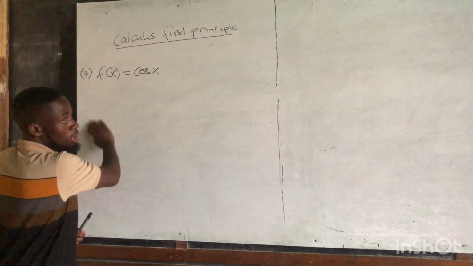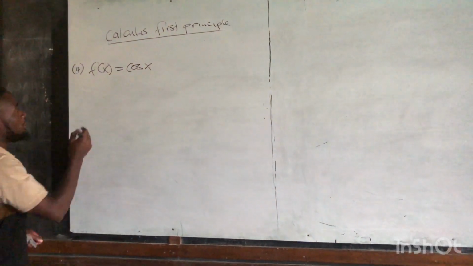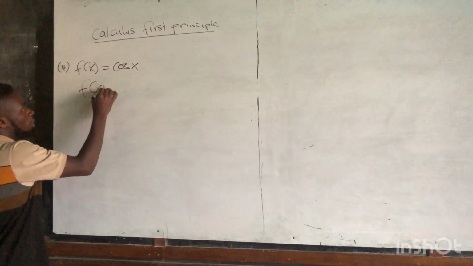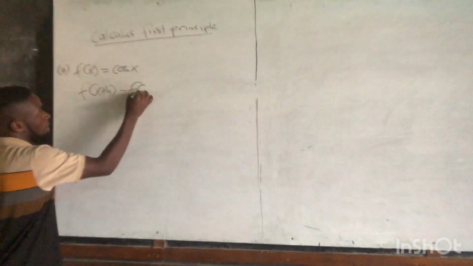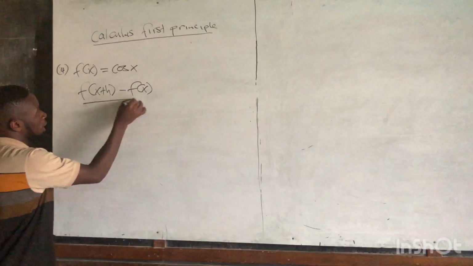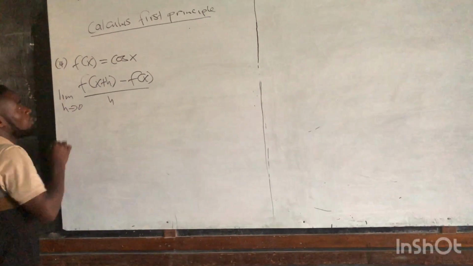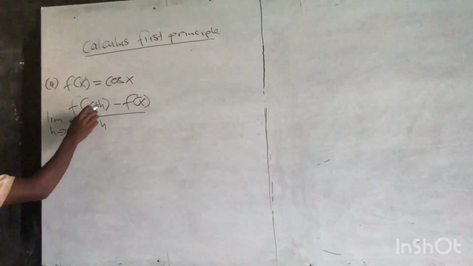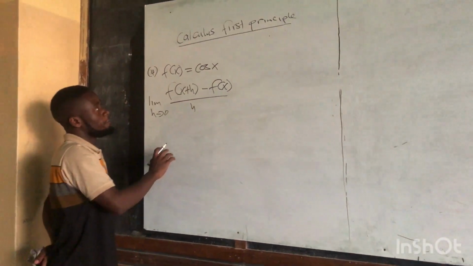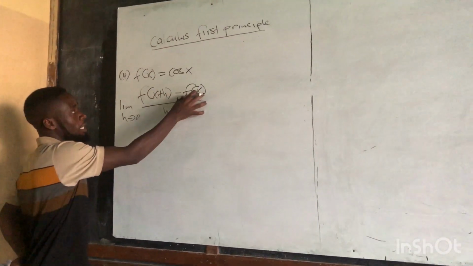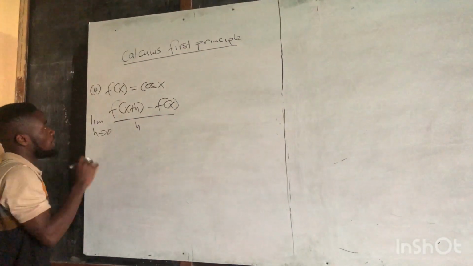So now let's solve this question. Let's introduce our formula: limit as h approaches 0 of f of x plus h minus f of x, over h. Wherever there's x, you put x plus h, and f of x represents the original equation.